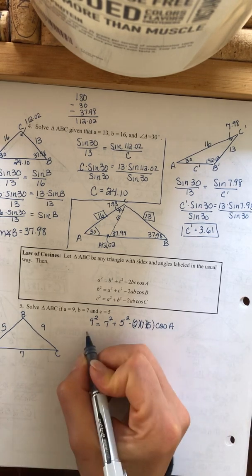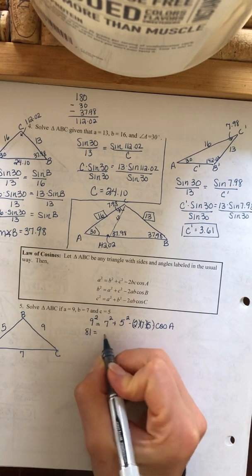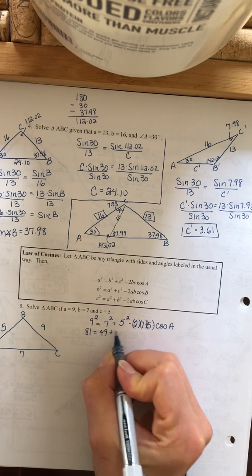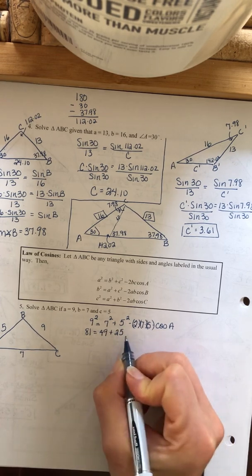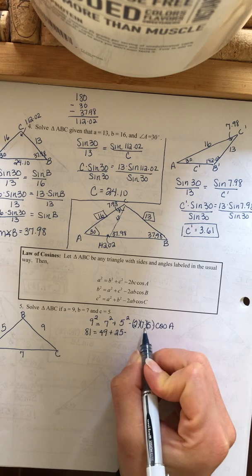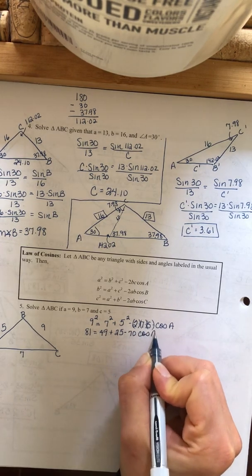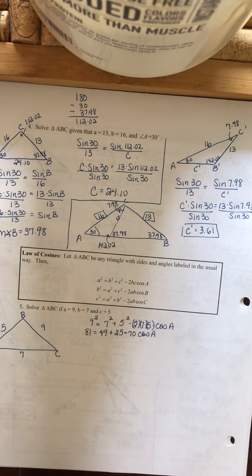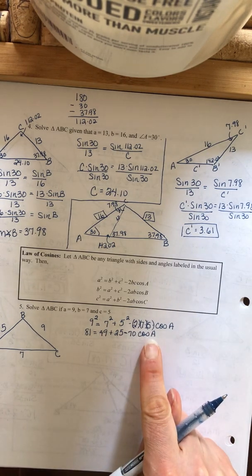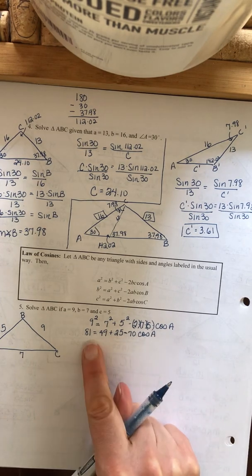All right, let's simplify all of this. So I have 81 is equal to 49 plus 25 minus, so we have 2 times 7 times 5, so that's going to get you 70 cosine of A. Okay, order of operations would say, if I'm trying to solve for this, I want to get all of this stuff away.